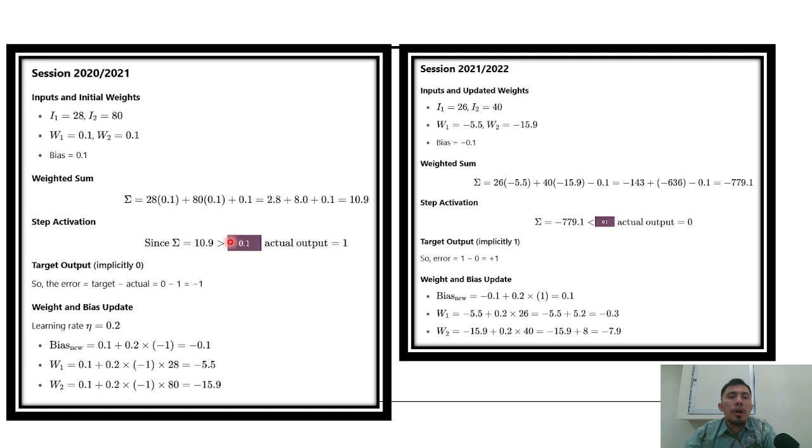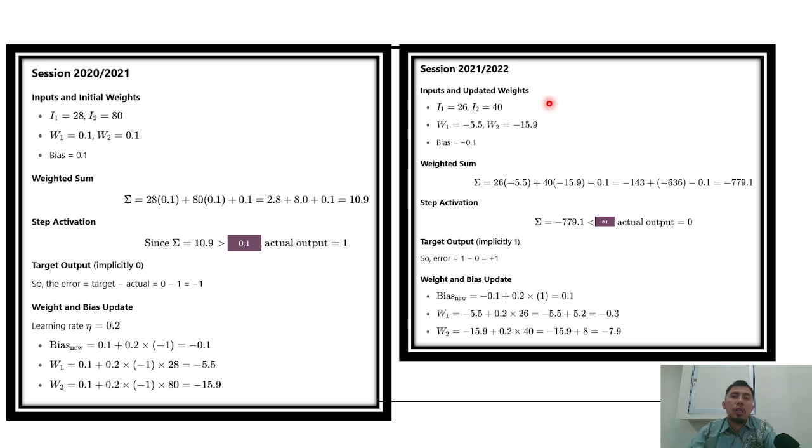Let's say if the outcome is greater than 0.1, the actual output is 1. Then we update the weightage and bias.